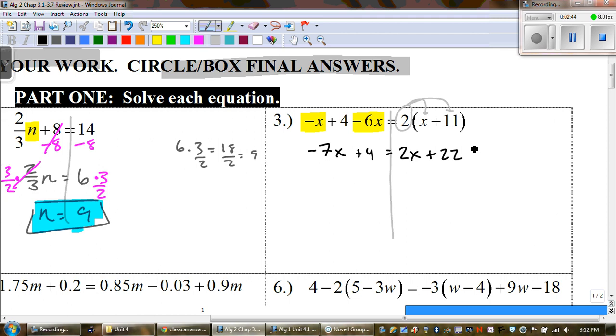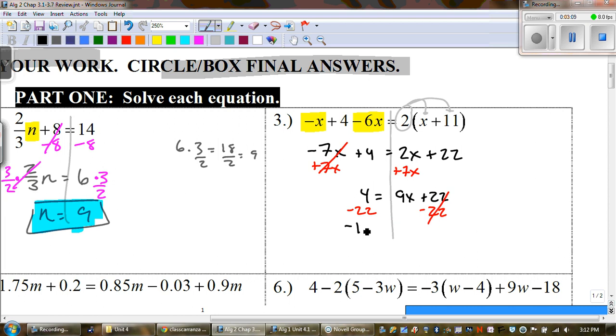Okay, so I want to move the smaller variable. So I'm going to add 7x, almost the same thing as I did in class, and we get 4 equals 9x plus 22. The x is not by itself yet, so we have to subtract 22.